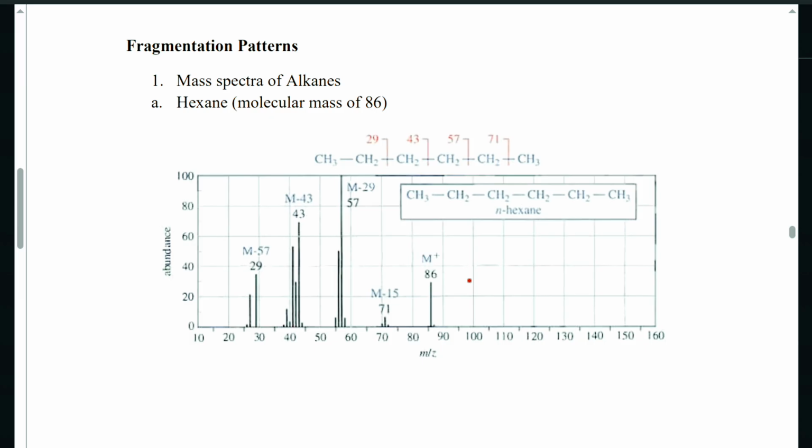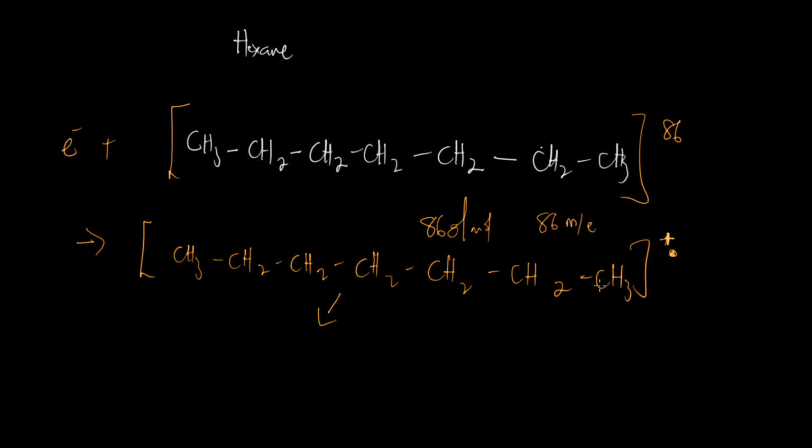For you to know what was fragmented, let's look at this structure. The whole structure is 86, and then we have 86 minus 71. That gives you 15, right? So 15 corresponds to CH3, 12 plus 3.